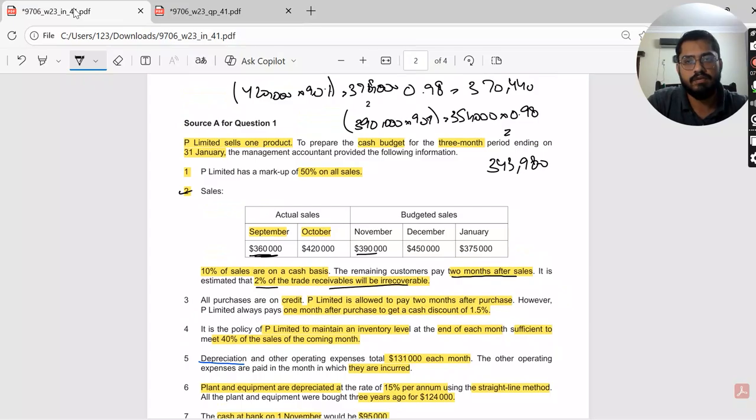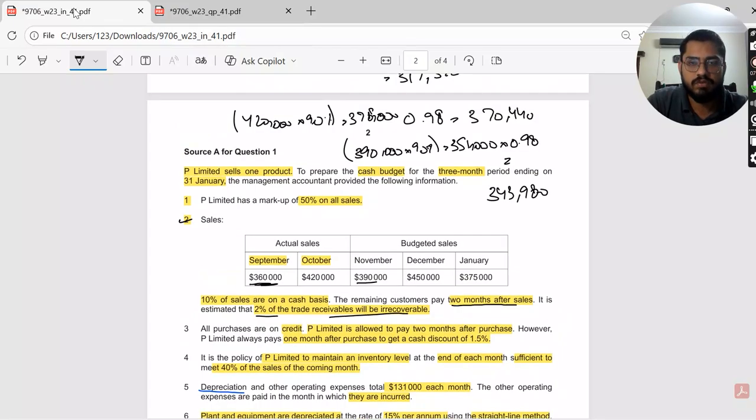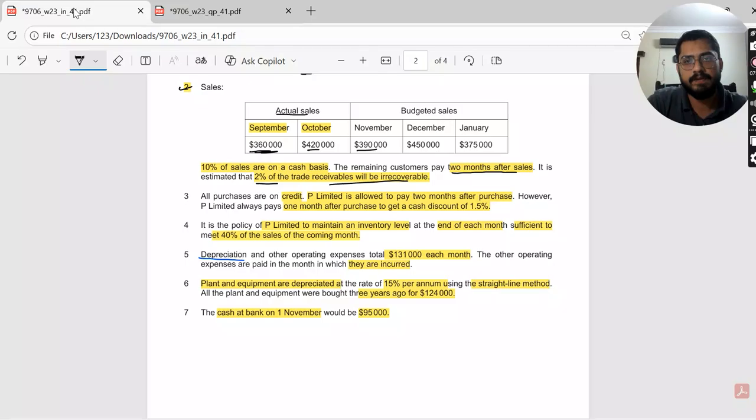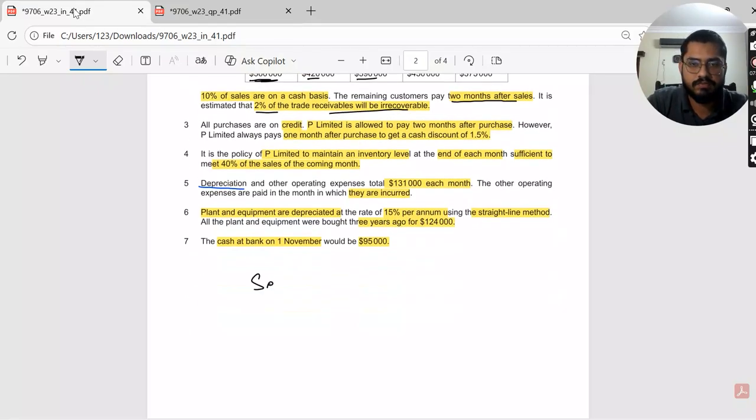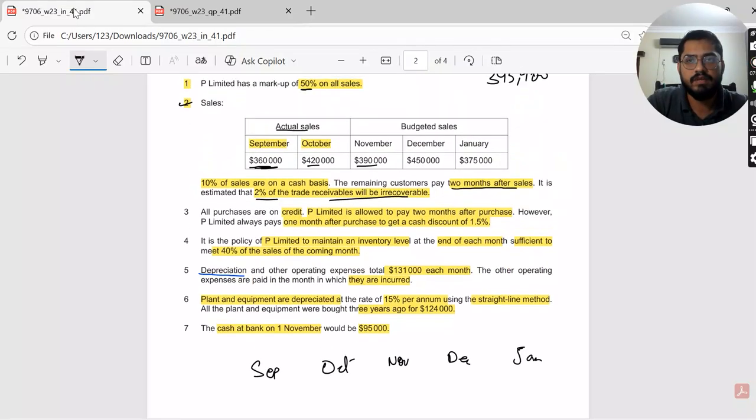And how are we supposed to do that is that we are provided with the amount of sales, and the examiner has also provided us with the markup as well. So let's just jot down the months over here. We have September, October, November, December, and January.